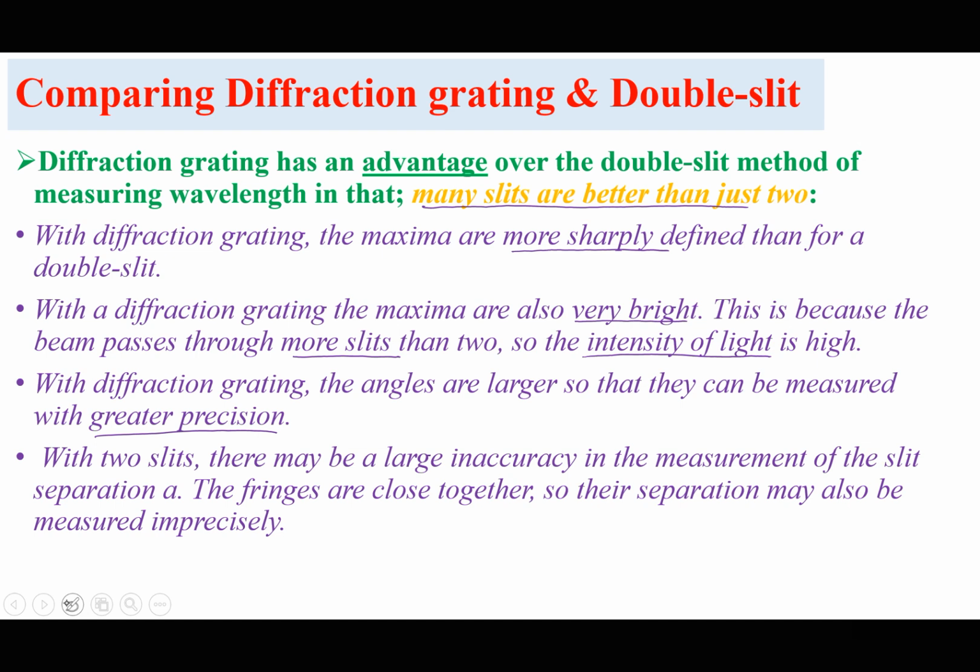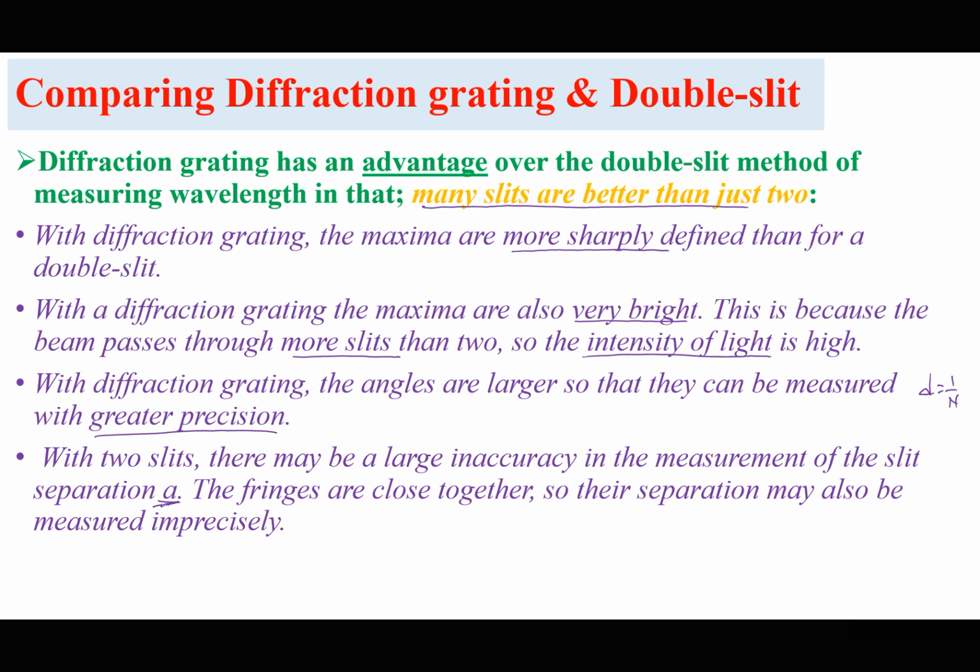So if we know the number of slits in 1 meter, the separation of slits is just d equals 1 over the number of slits. For a double slit, the separation of slits a must be measured using a traveling microscope, because we may not easily use a ruler, as the ruler may not be precise enough because these slits are very close to each other.